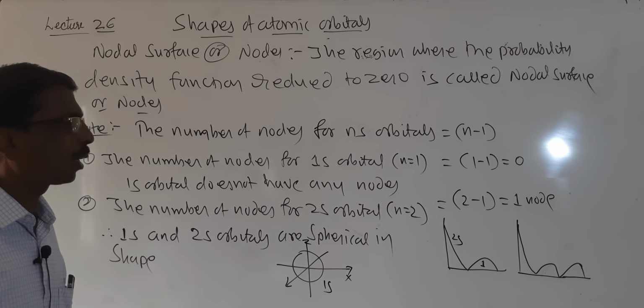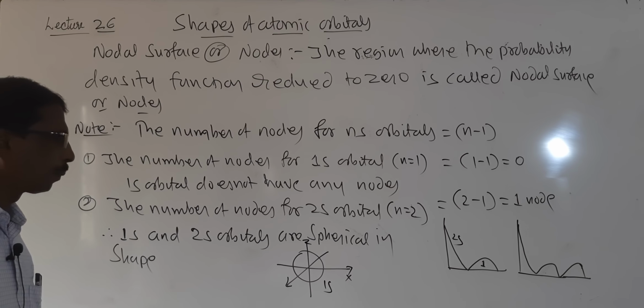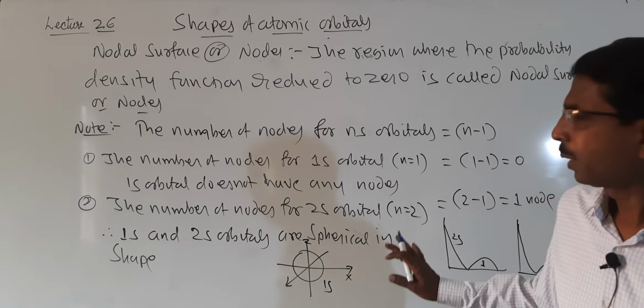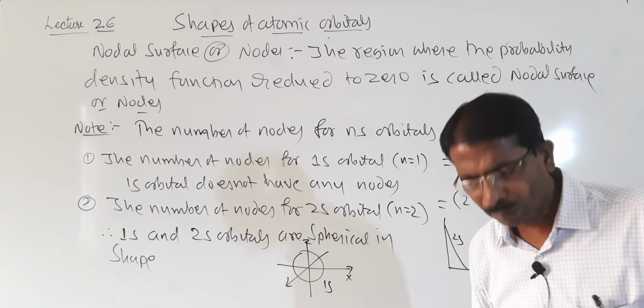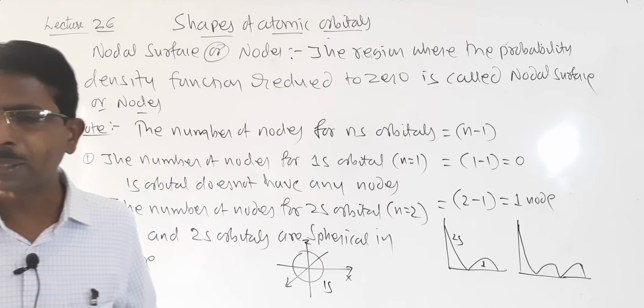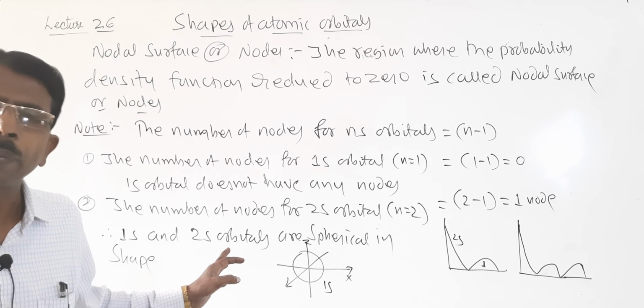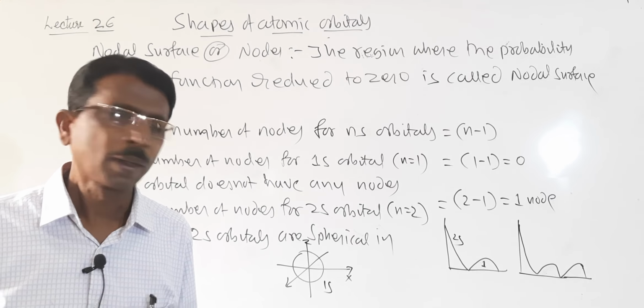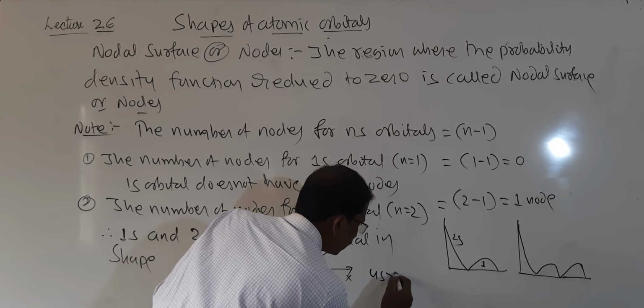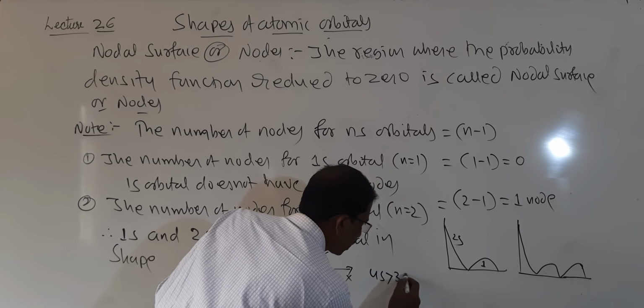I will draw the diagram of a node here. Look here, it is about 2s. Remember, the size of the s orbital increases with increase in n values. Here 4s is greater than 3s, 3s is greater than 2s, and 2s is greater than 1s.